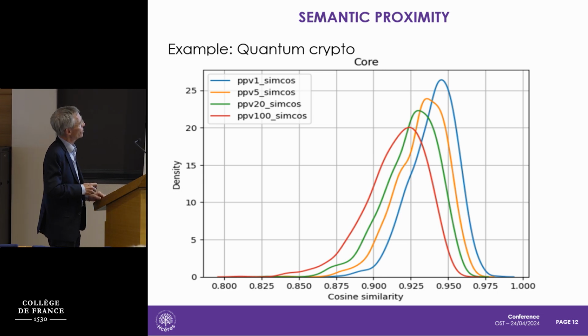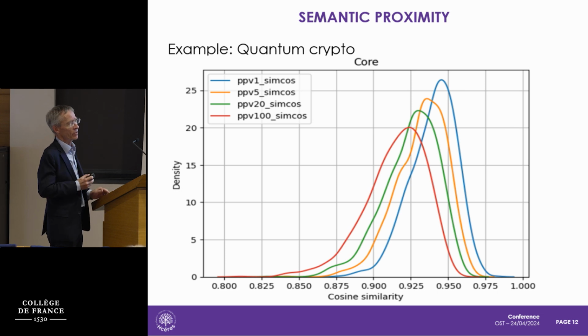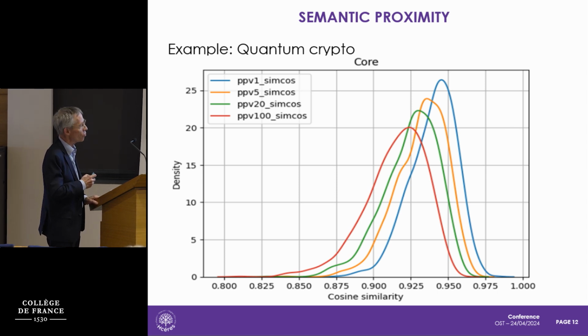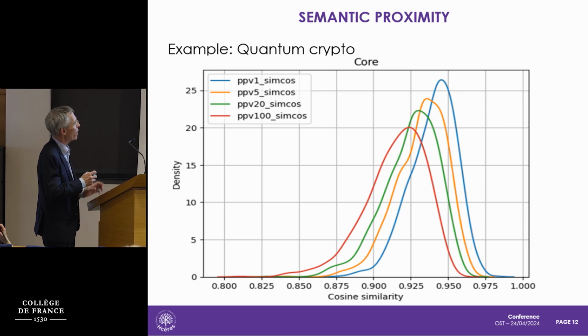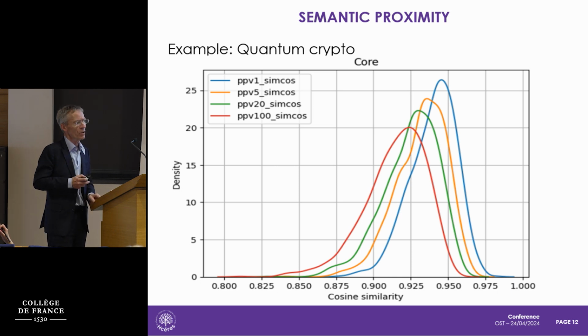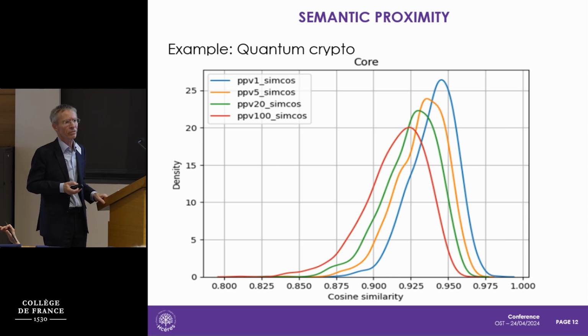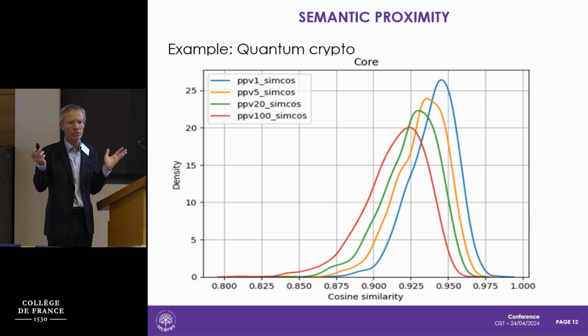This is on one of the corpuses, but the others are not that different. It tells you that the distance is very concentrated. You see, it's not between 0 and 1. This is really around 1.94 for the nearest neighbor. And this is understandable because the transformer that we use has been trained on a variety of scientific and technical fields.